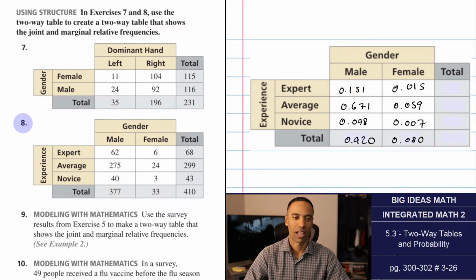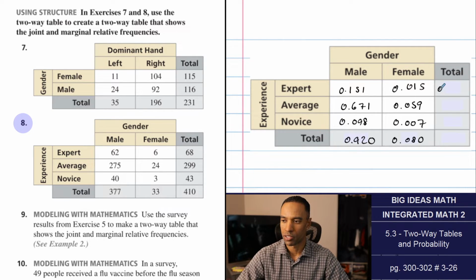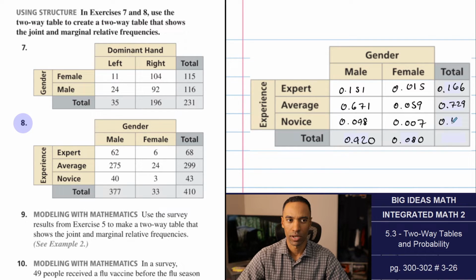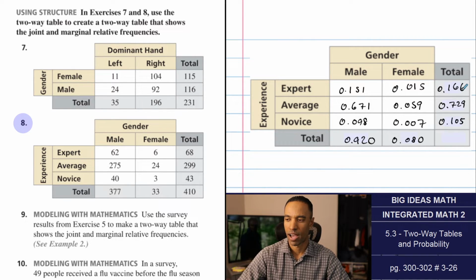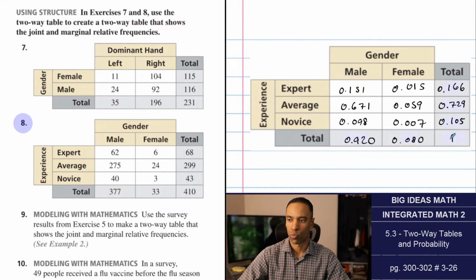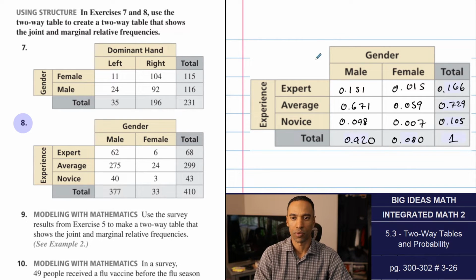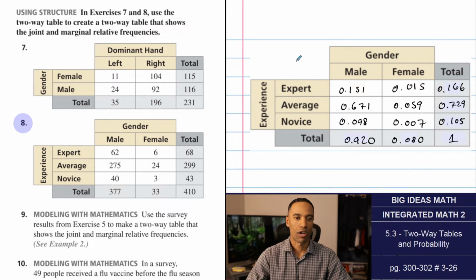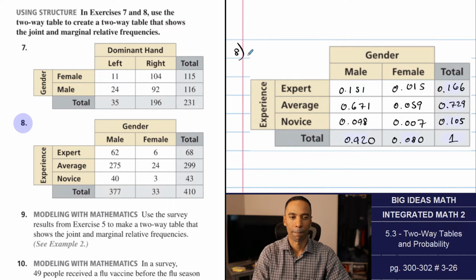Anyway, so these last numbers here, I'm speaking too long on this. 0.166, 0.729, and 0.105. This one would add up to 1, it looks like, but the other one would not. Okay, that was number 8.